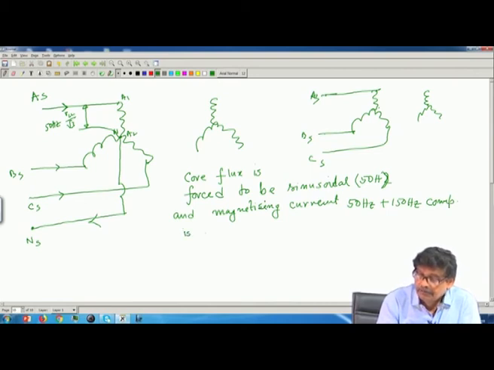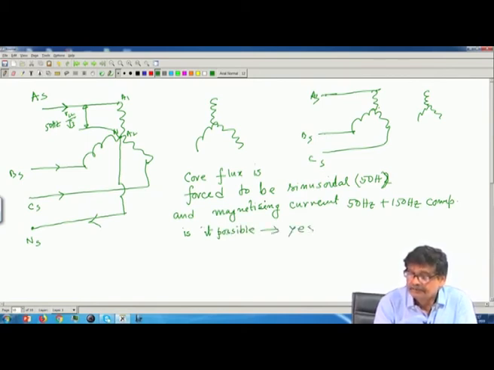Is it possible? Answer is yes. Because of what? Third harmonic current will find its return path via this.